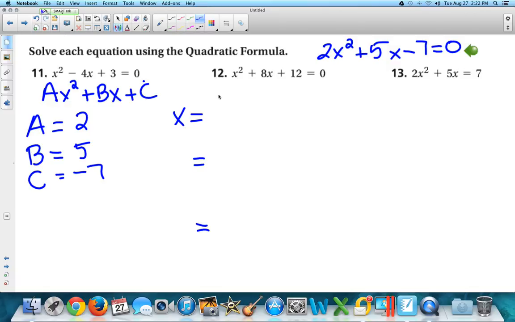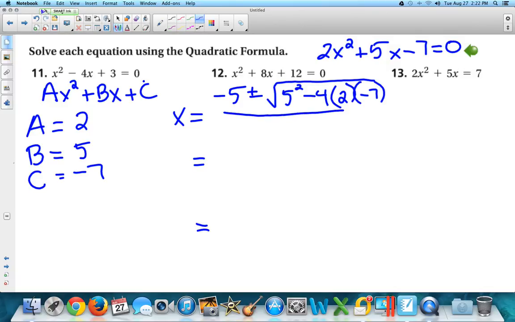Substituting, I get negative 5 plus or minus the square root of b squared, so that's 5 squared, minus 4 times a times c. All of that is divided by 2 times 2.